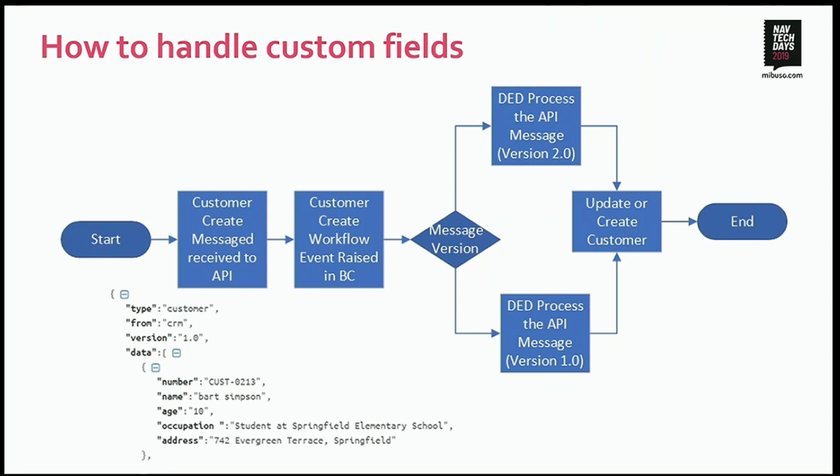In version 1.0, it only has 2 fields, so it knows how to read the JSON. It takes the data set, and then within the data exchange definition, you can have the processing codeunit. So it runs the data processing codeunit, which will extract the data and push it to the actual table. So this is another way of handling the custom fields.